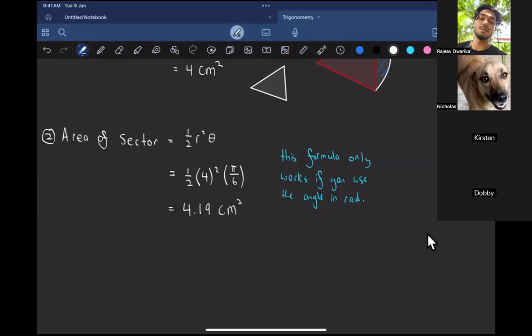So, Kirsten, you plug it in the calculator. Kirsten, just make sure you get 4.19 as well, that same value as Nicholas.